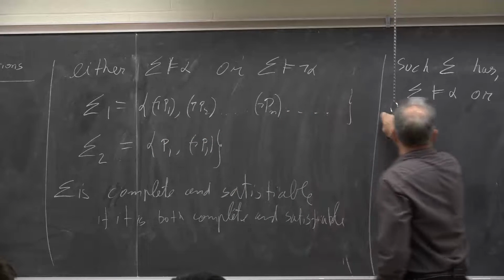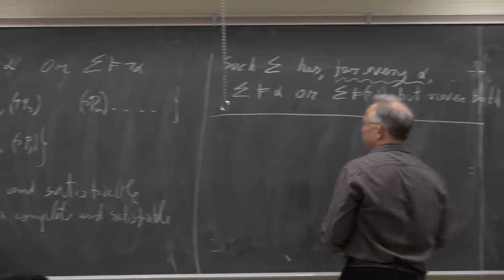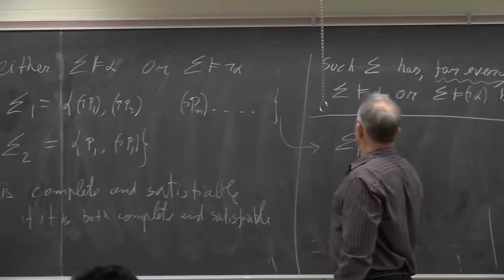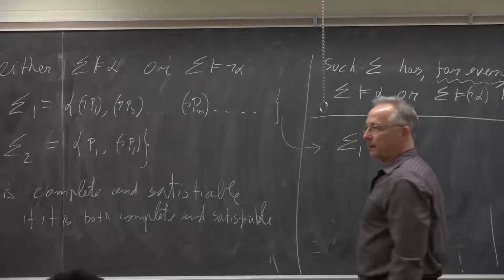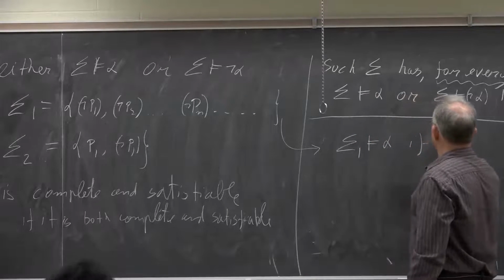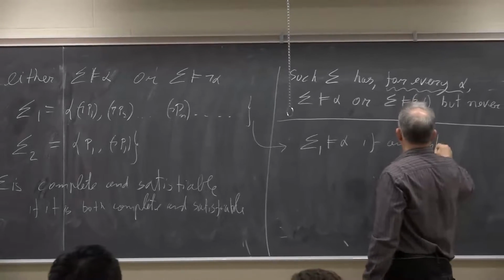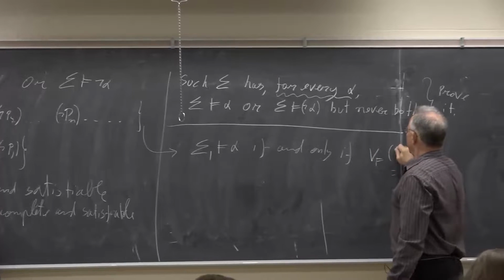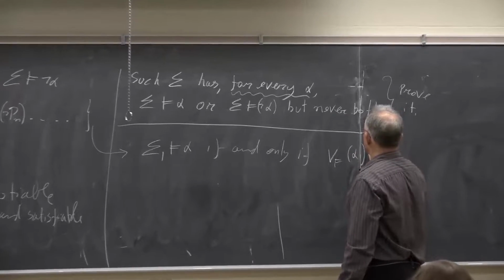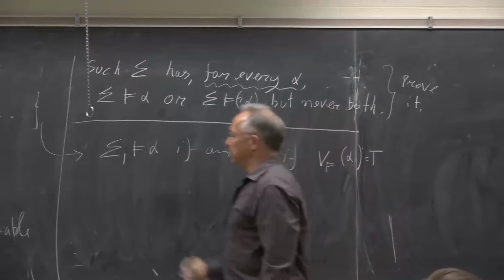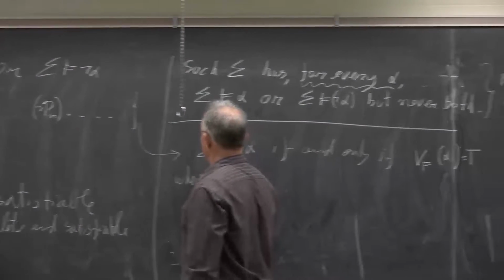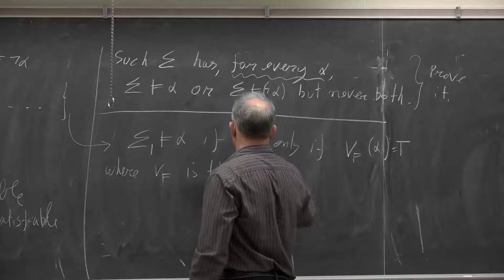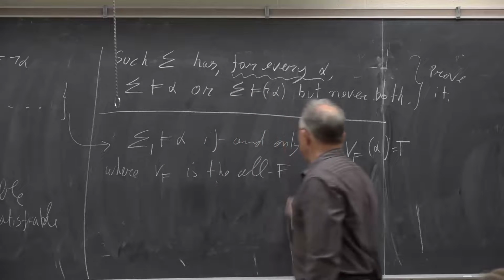So what I'm saying is that sigma 1, this guy, sigma 1 logically implies alpha if and only if VF of alpha is true, where VF is the all F assignment.